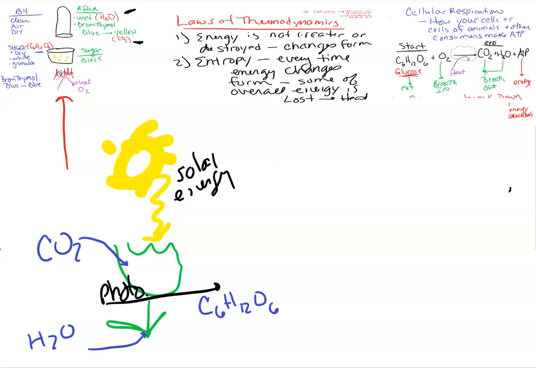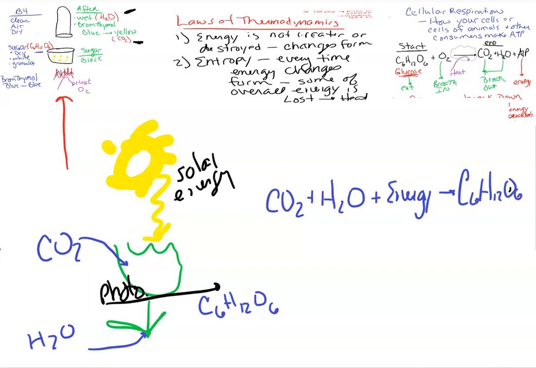We are going to take carbon dioxide and water and solar energy, I'm just going to write energy, and use that to produce C6H12O6, and plants breathe out oxygen.